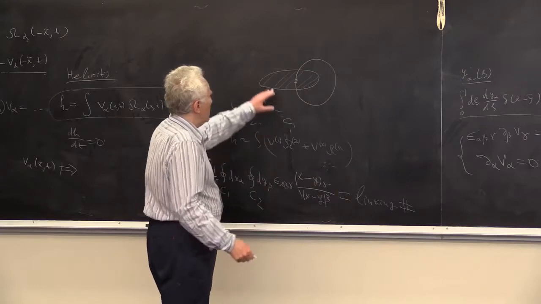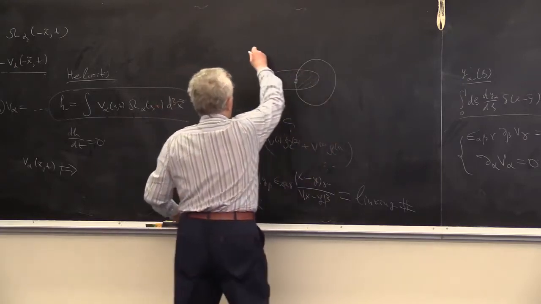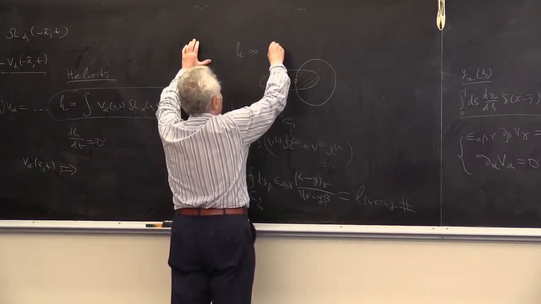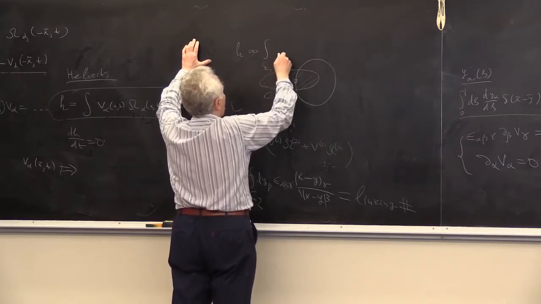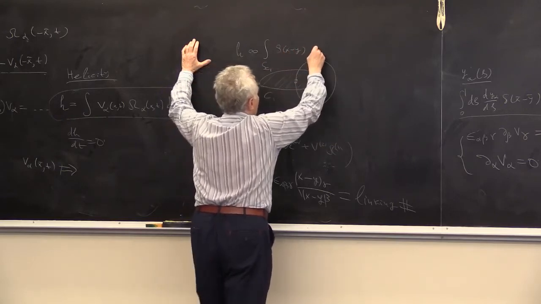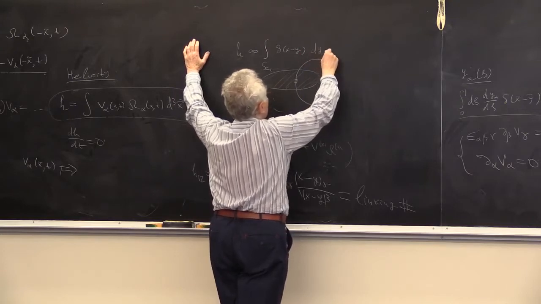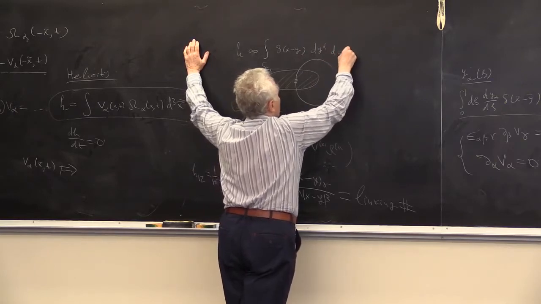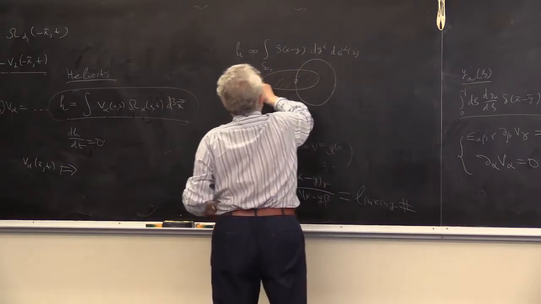And when integrating over C1, you use the Stokes theorem, and you reduce it to the integral over this surface, delta of x minus y, and integral over dy alpha, element of the surface d sigma alpha y, and that's about it.